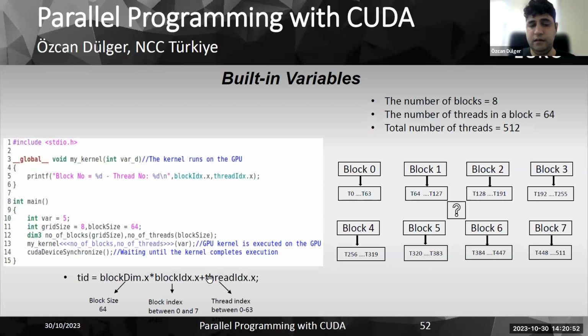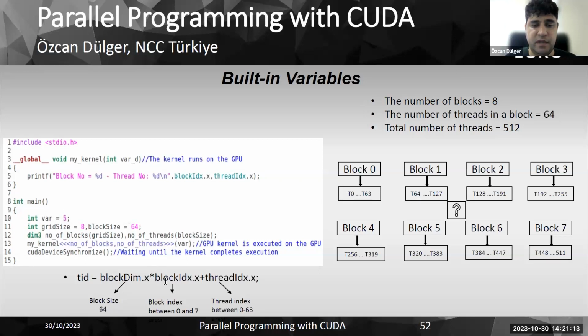This is the formula. Let's check this formula. Here, blockDim.x is the block size, that means the number of threads in the block. It is 64 in our example.